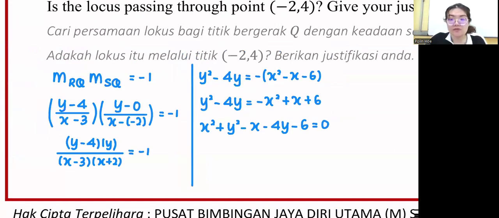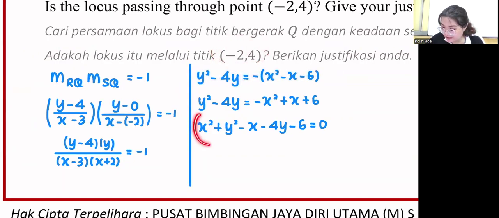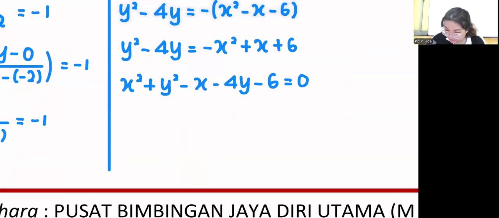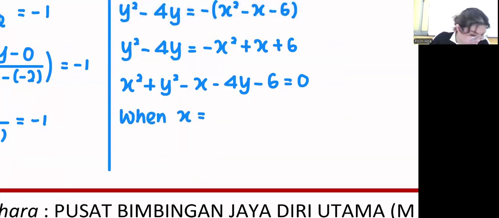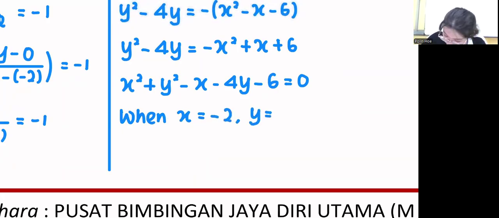Okay? So when you substitute this value in, if you get left-hand side equals 0, right-hand side equals 0, then it means it passed through the point. Check. When x is equal to negative 2, y is equal to 4.